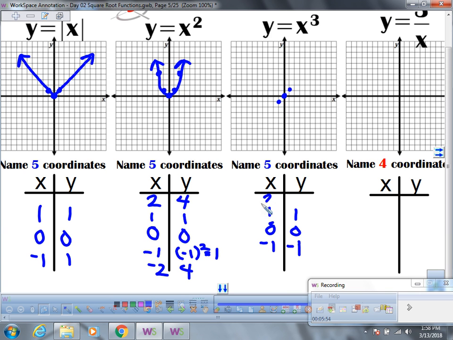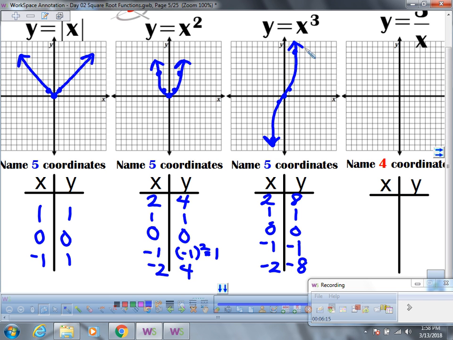If I put in a 2 and I cube it, I get 8. 2 times 2 times 2 is 8. So over 2, up 8. And if I cube negative 2, I get negative 8. Negative 2, negative 8. And it looks like that.